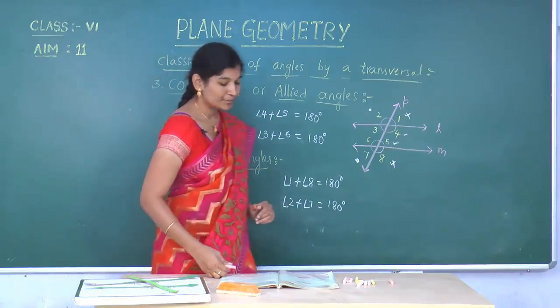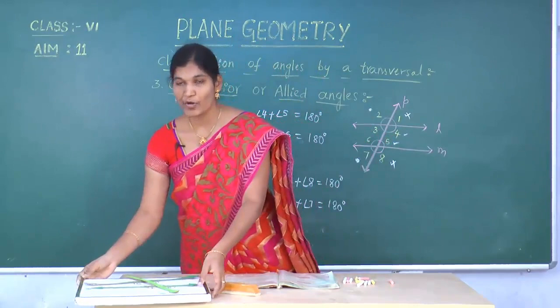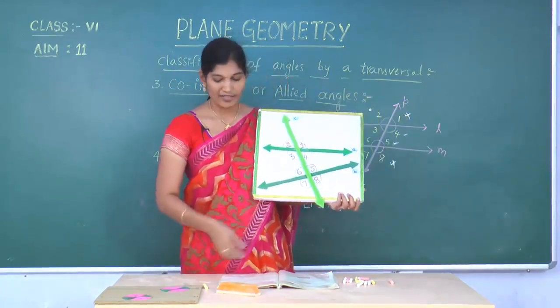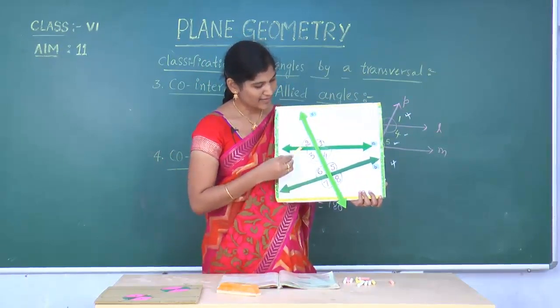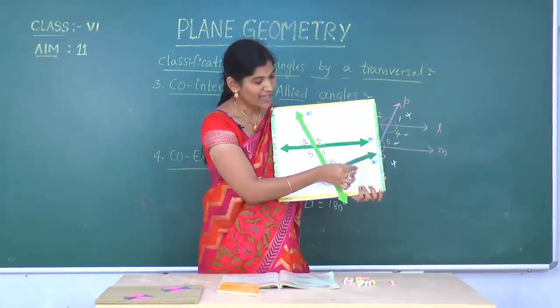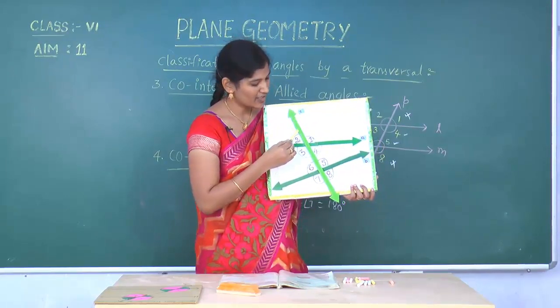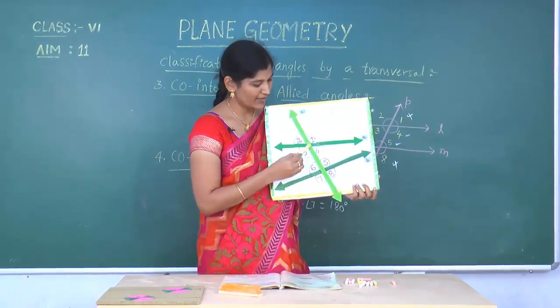And now let me explain this one by a small activity. Now if you observe here, I have two lines which are small a and small b, and here C is the transversal. Why? Because this line intersects the given two lines at two different points.